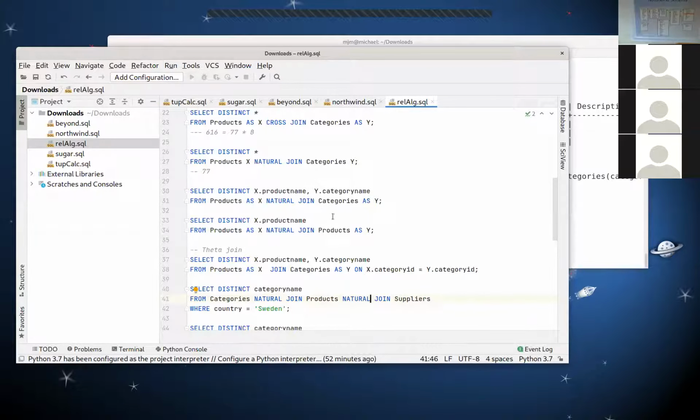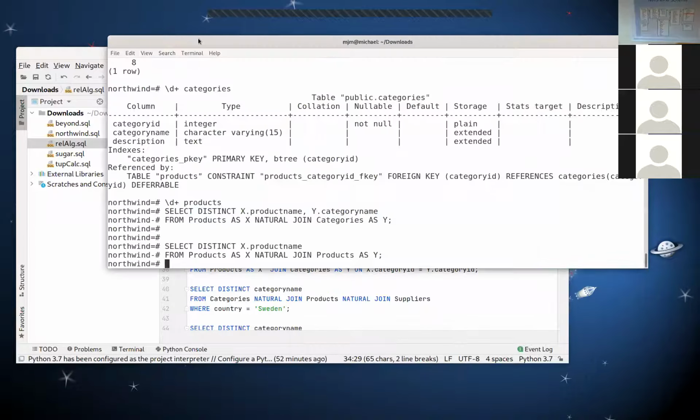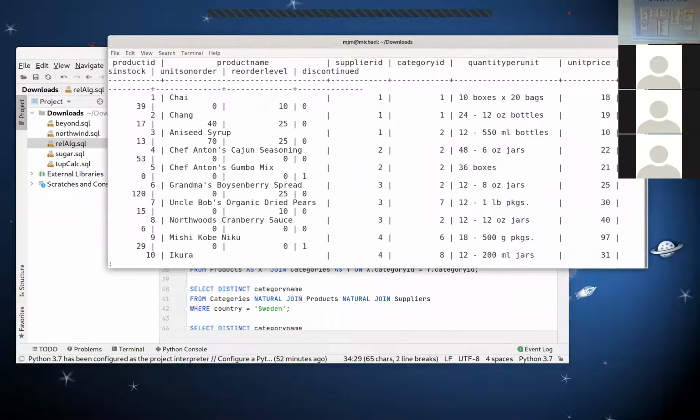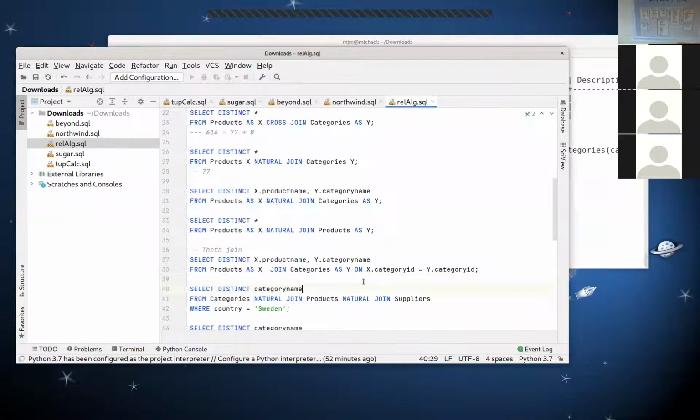So I'm doing natural join on the products and attributes. This is kind of pointless, but I think maybe it shows that this should equal the original product table. So if we go over here, yeah. So that's just showing that natural join really does check and does equality on all the ones that have the same name and same type.